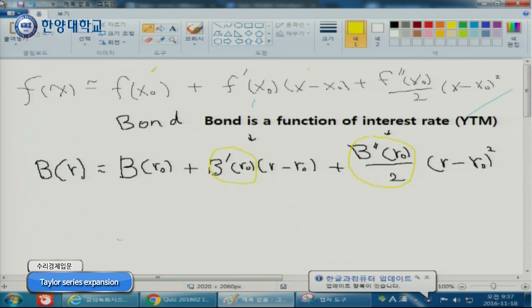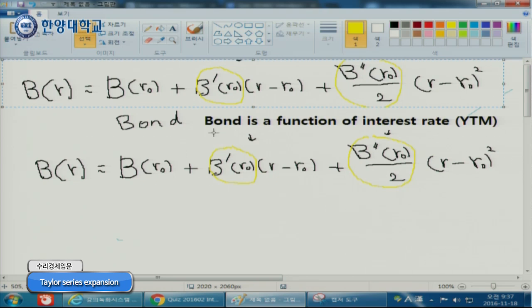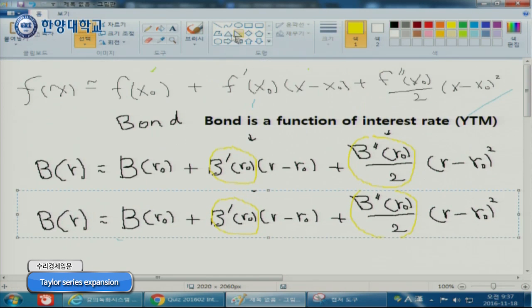In fact, actually we can do slightly more than that. So let's copy and paste. What people usually do is we move this one over here. If we move over here, we can delete this one.